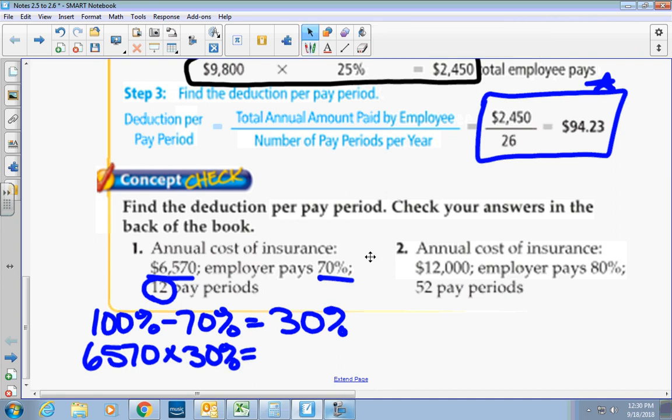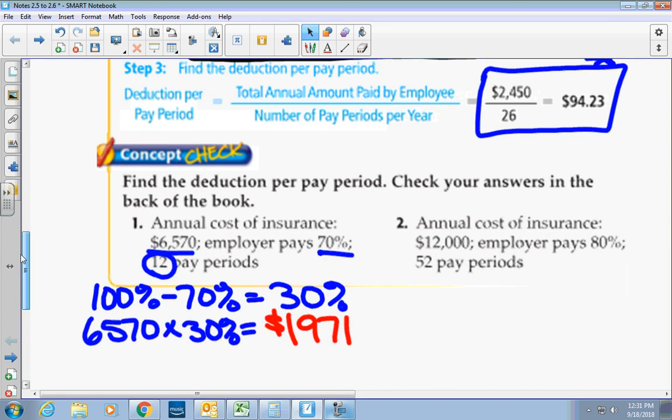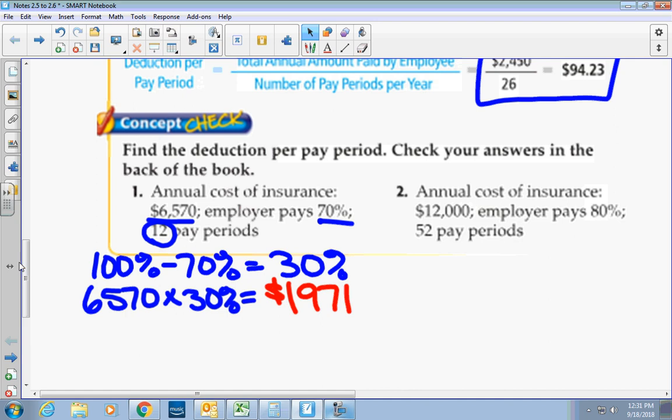This one I cannot do in my head, but if you guys want to calculate on your calculator with me, 6570 times 30%, that is 1,971. And then lastly, we have to divide that by how many pay periods there are.